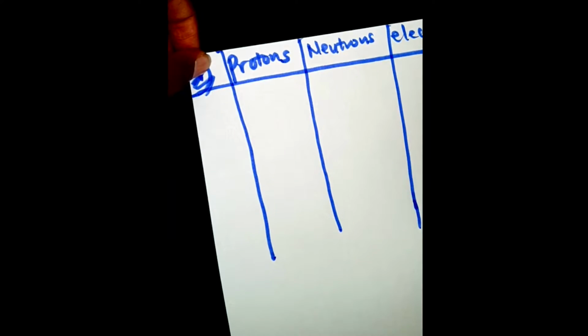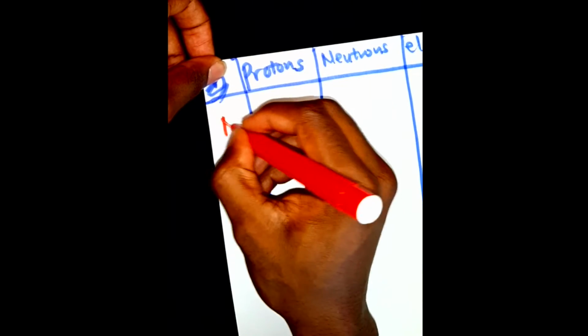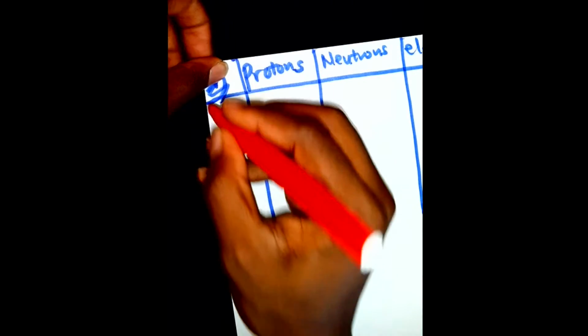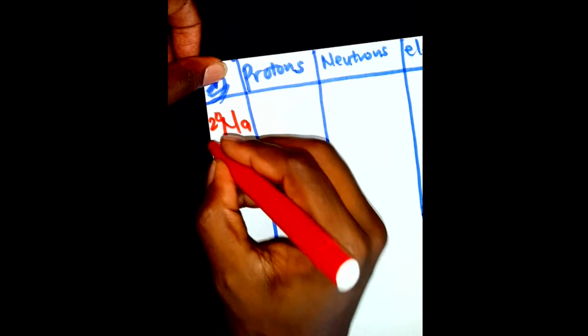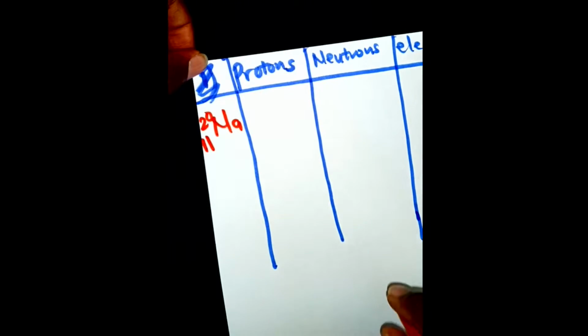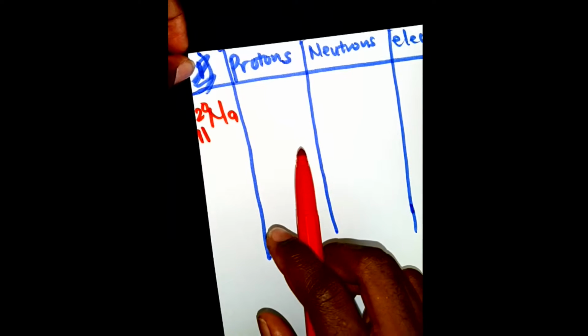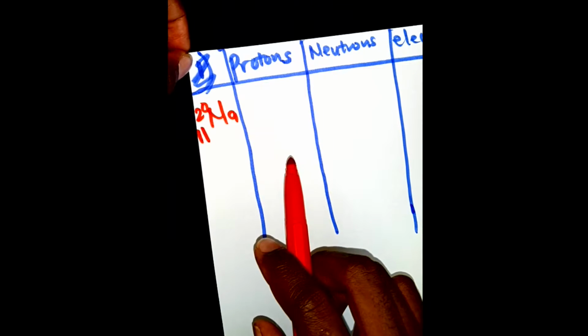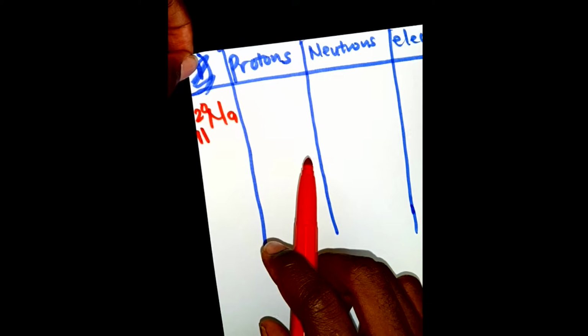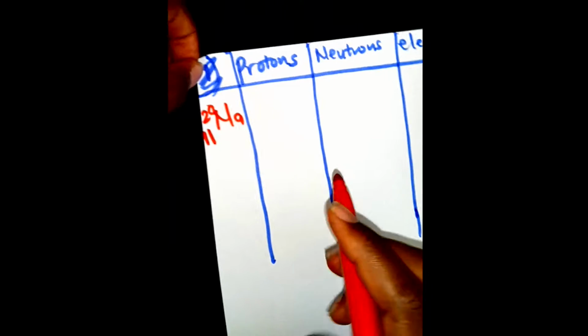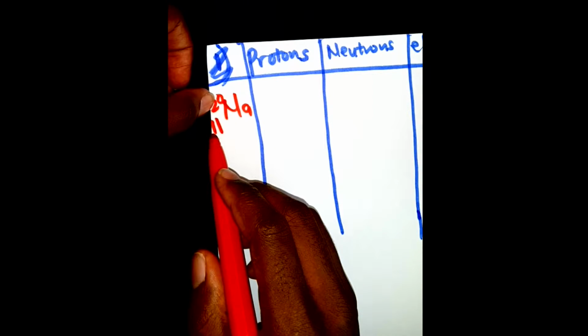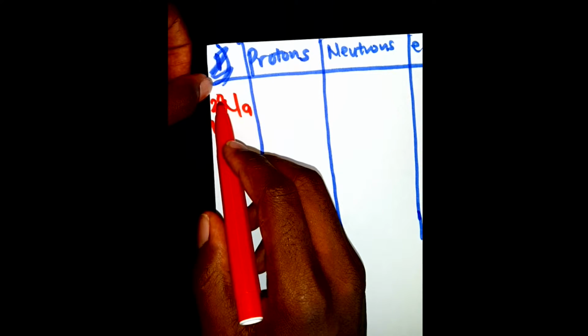We have sodium. The number of proton, like I said earlier on, is equal to the atomic number there. So this is our proton here, and this is our mass number.